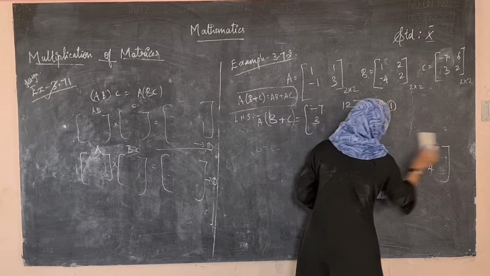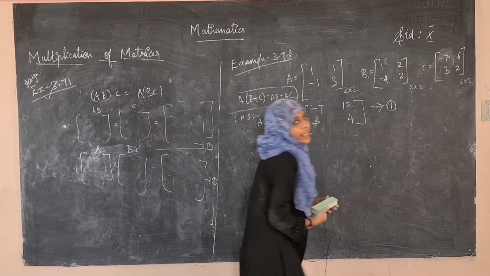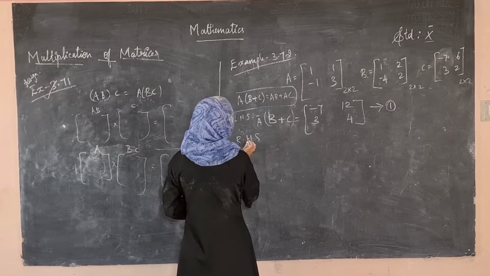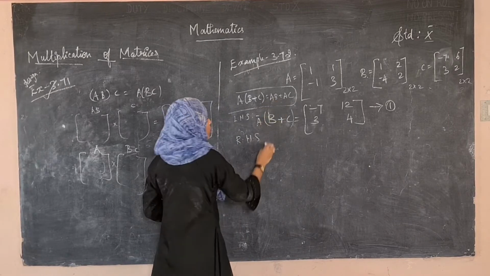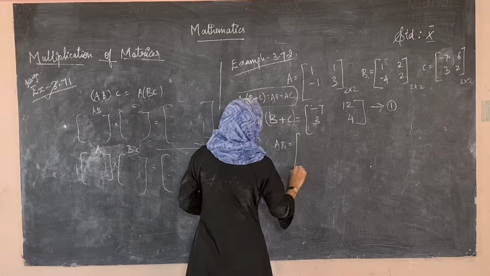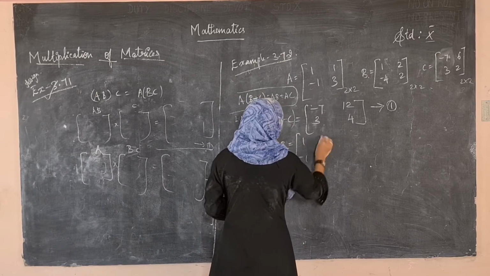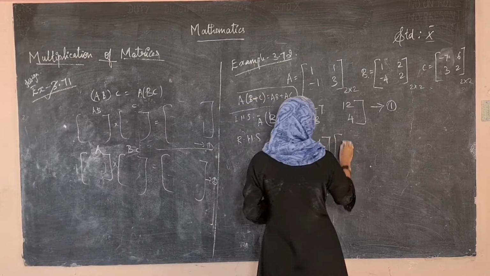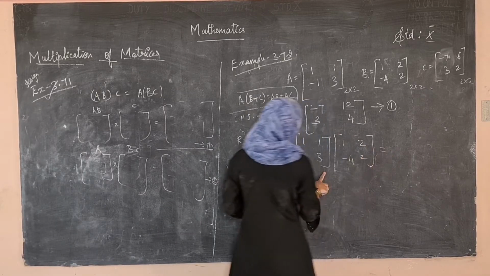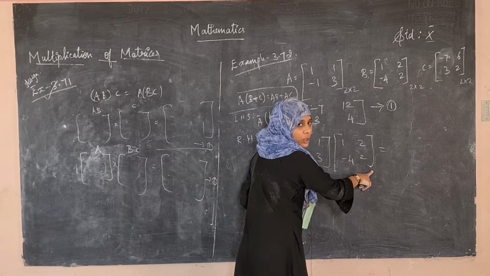Now we are going to go for the right hand side, RHS. For RHS what you first have to take is A into B. A is 1, 1, minus 1, 3 and B is 1, 2, minus 4, 2. This is of order 2 cross 2 and this is also of order 2 cross 2.